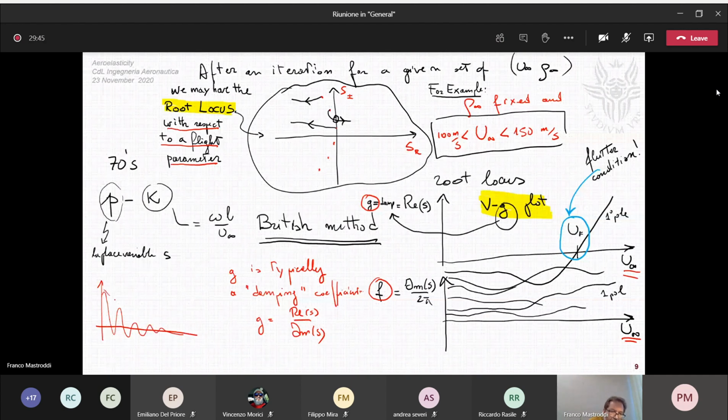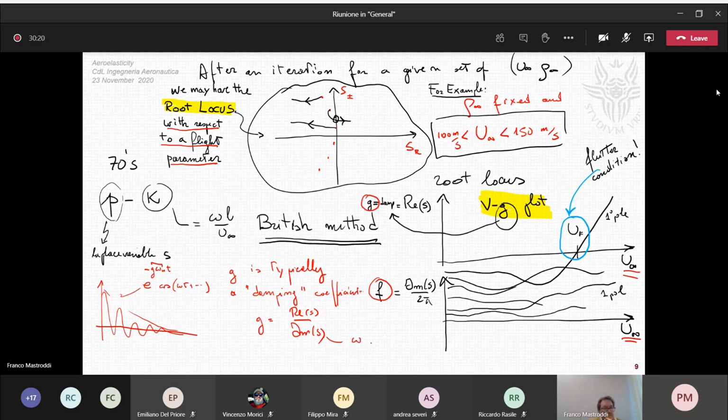You have a response with an envelope. For the free response of a damped oscillator, the envelope is something like e to the minus g or zeta omega n t, multiplied by the cosine of omega t plus a phase, and then you have that the real part is g by omega n, and therefore g is the ratio between the real part and the imaginary part, which is omega n.